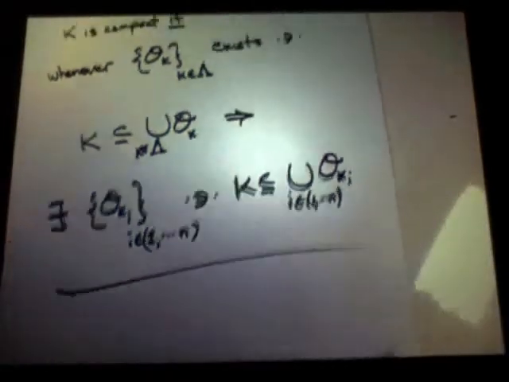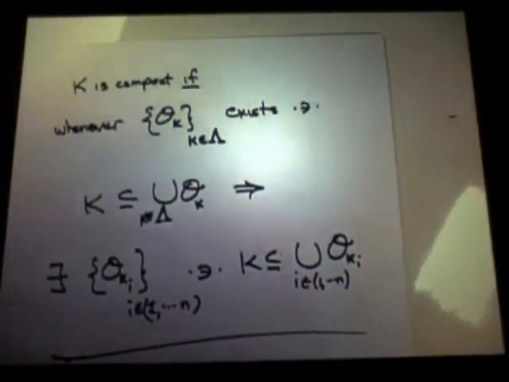So in other words, if you have an arbitrary number of open sets that cover a set, if you can always find a finite number that will still do the job, then K is said to be compact, K for compact.